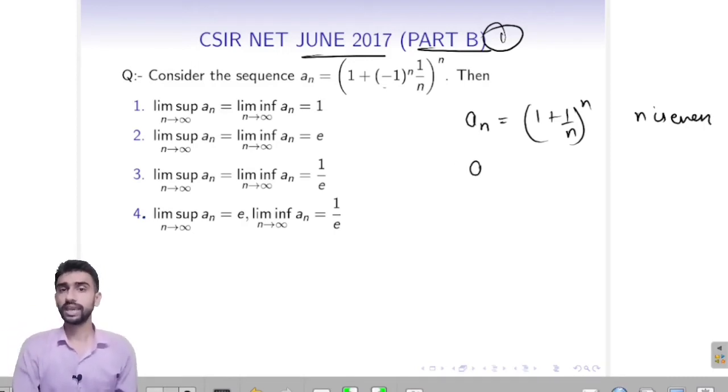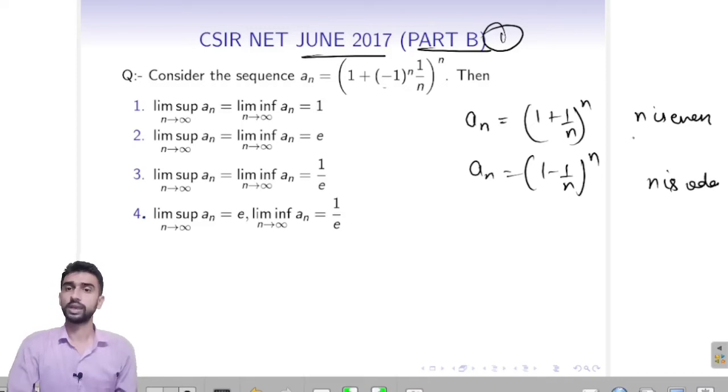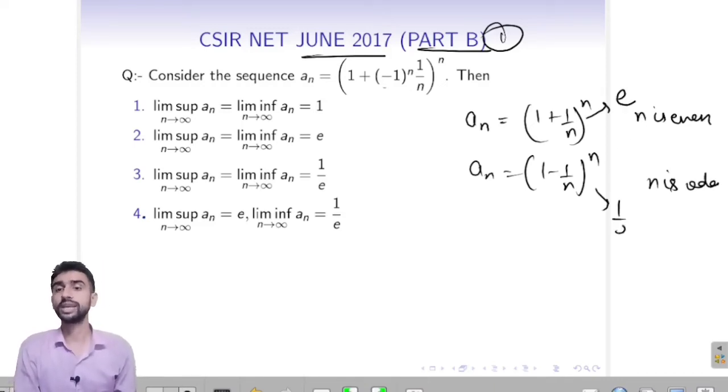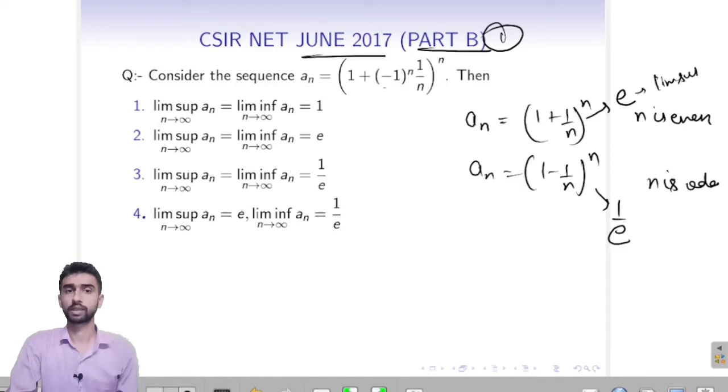And the sequence a_n will behave like (1 - 1/n)^n when n is odd. Now the first tends to e as n tends to infinity, and the other tends to 1 upon e as n tends to infinity. So this will give you the LimSup and this will give you the LimInf.